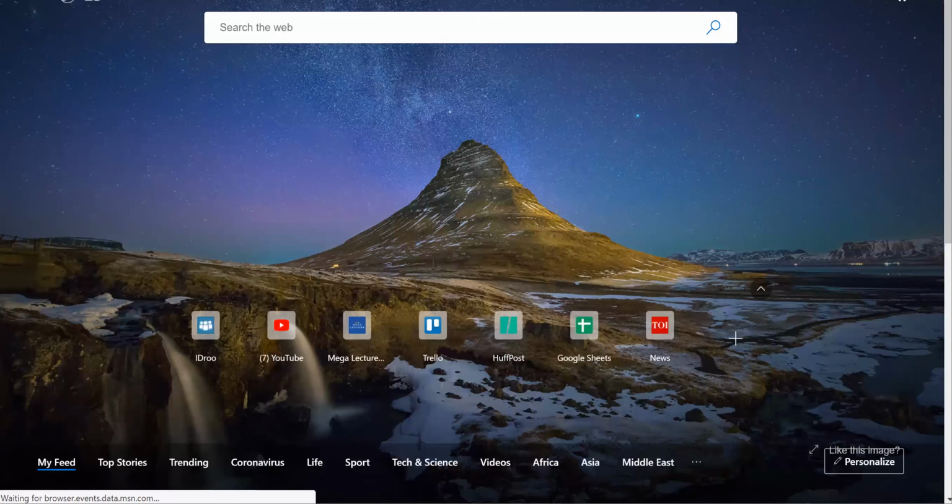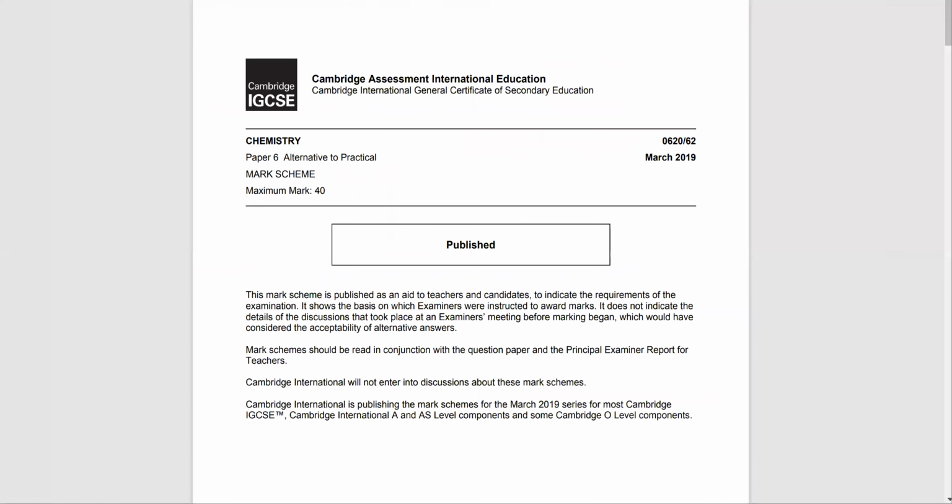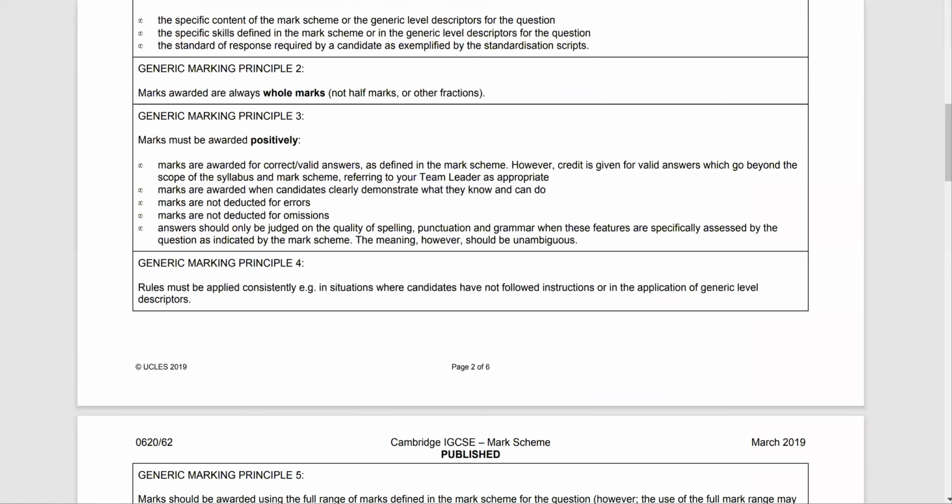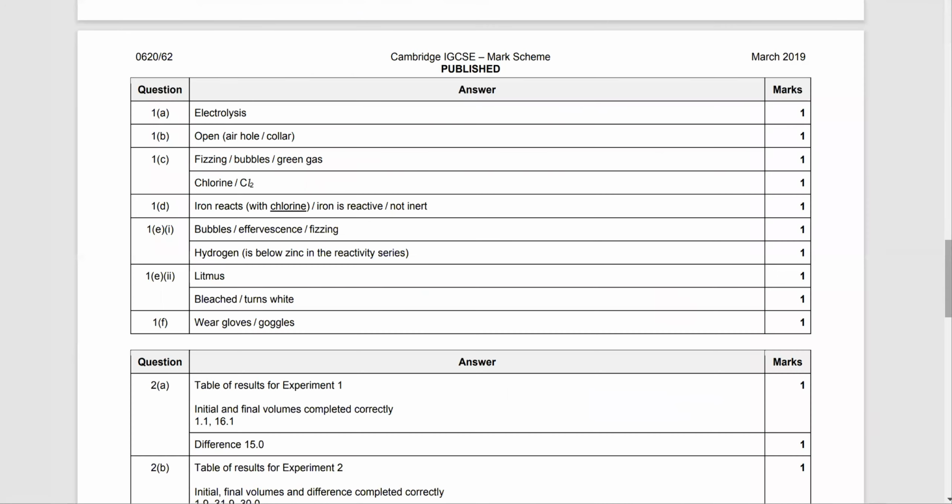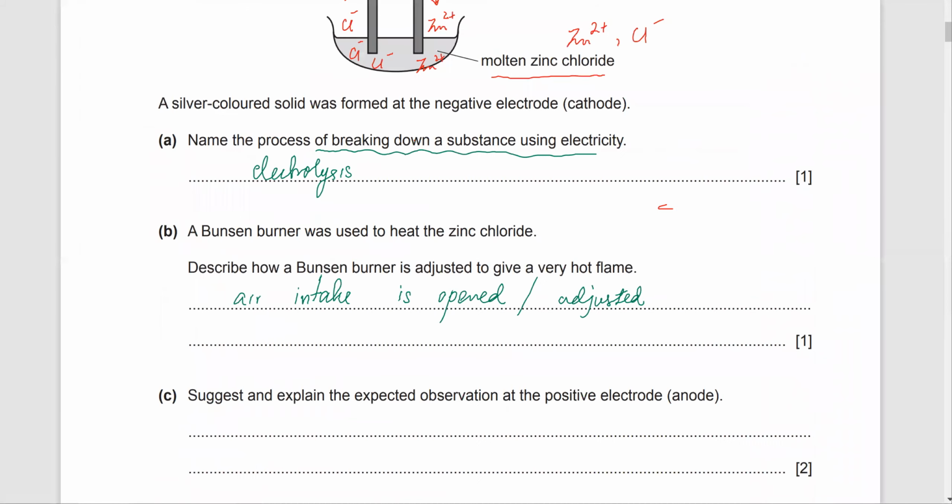Mahad, do you know that there's an intake for oxygen or air in a Bunsen burner? Yeah. I mean, they've opened the air hole or the collar. That's what they're saying. So the air intake, I think that should be fine.